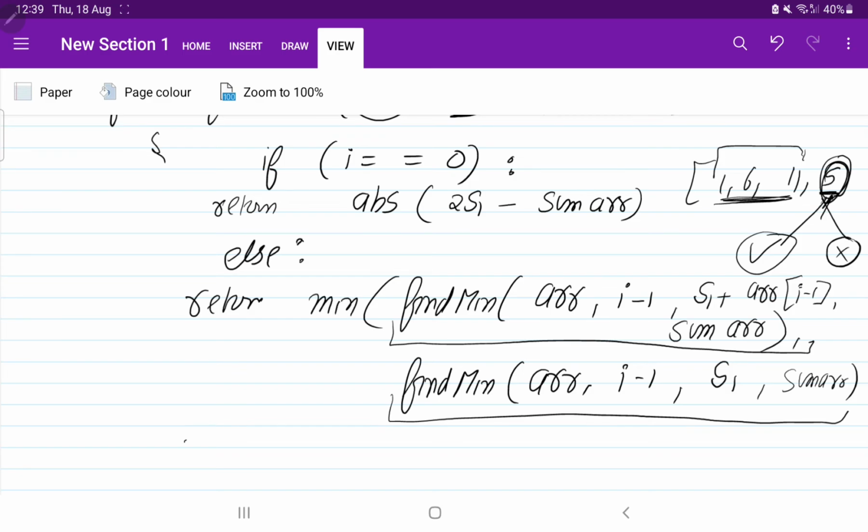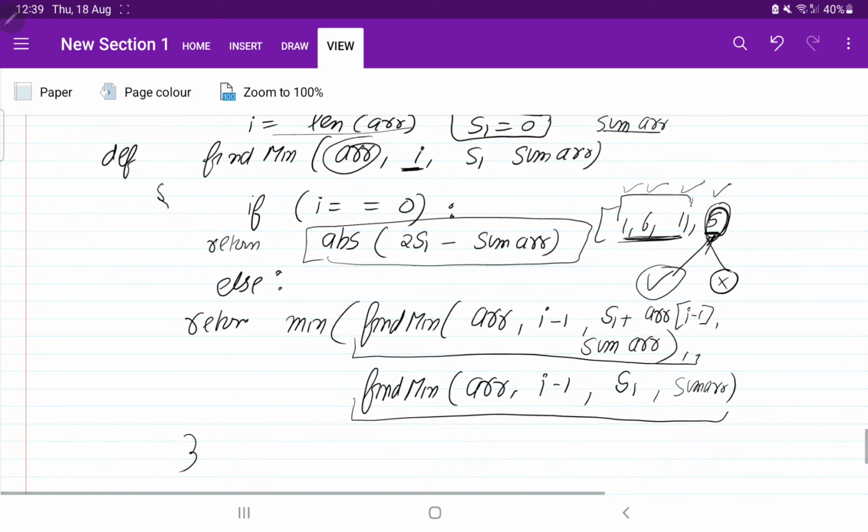So what will happen? First of all, it will take a decision on 5, then on 11, then on 6, and then on 1. If all the elements are completed, then the I value will become 0. Then it will go to the base condition and return the final solution, absolute of 2 times S1 minus sum of array.